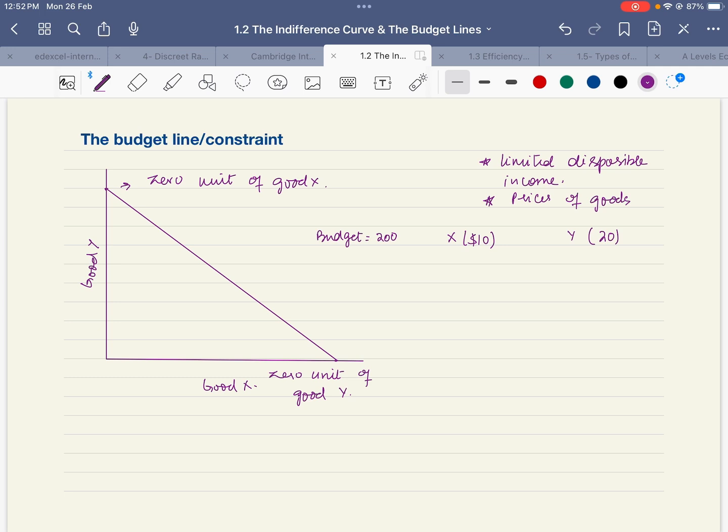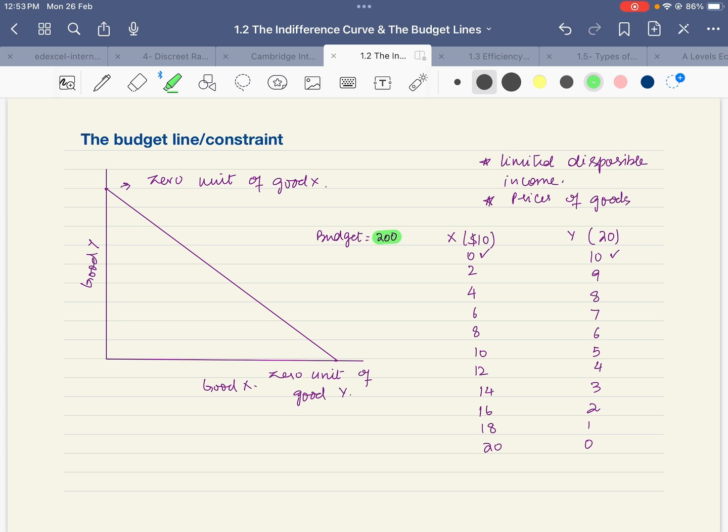We can also analyze it numerically: if the person buys only 10 units of Y and 0 units of X, they will exhaust the entire budget. When we are talking about budget lines, we assume that the consumer is allocating the entire budget between these two goods.